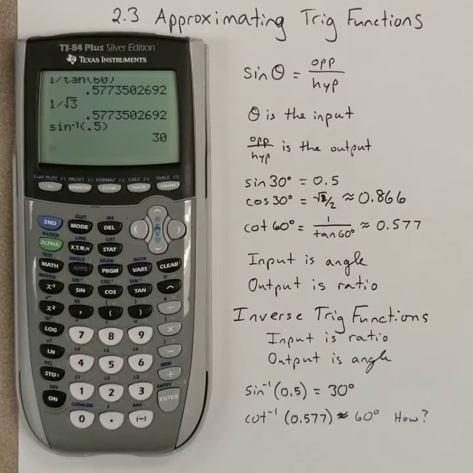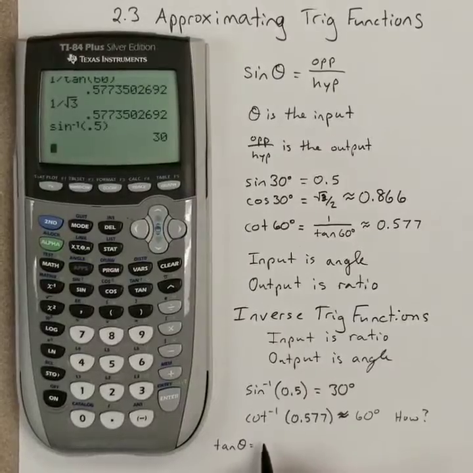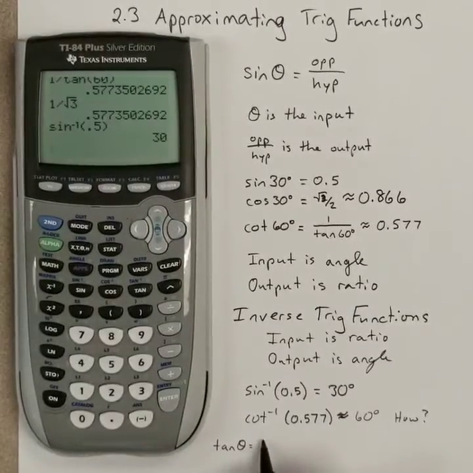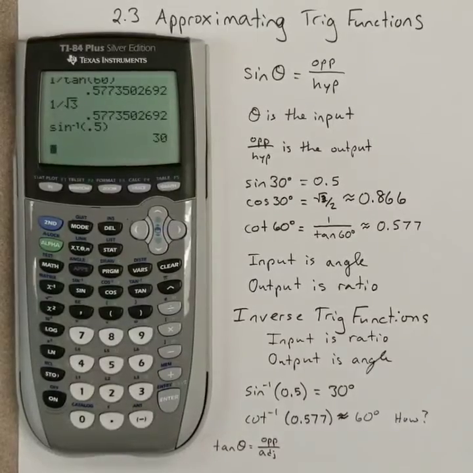It's a little bit complicated, so follow me on this. Basically, we know that the tangent and the cotangent are reciprocals. The tangent of theta is opposite over adjacent.